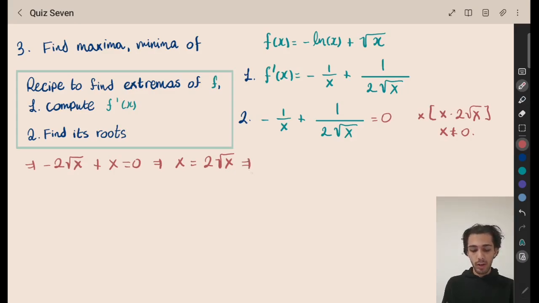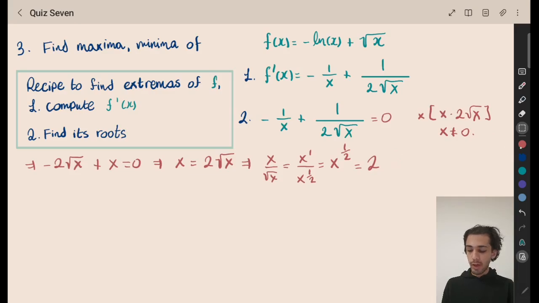which means that x over square root of x is equal to x to the 1 divided by x to the half, which is equal to 2. On the other hand, x to the 1 divided by x to the half is just equal to x to the 1 minus half, so it's x to the half as well. And so the square root of x is 2.